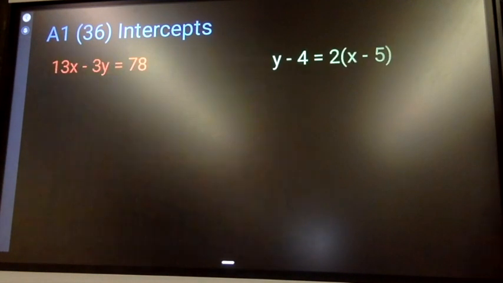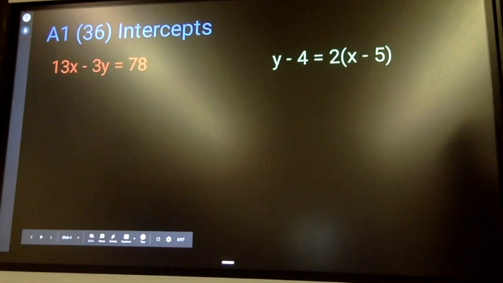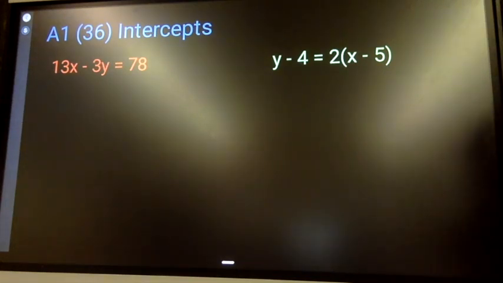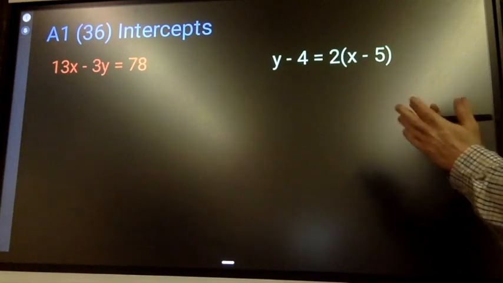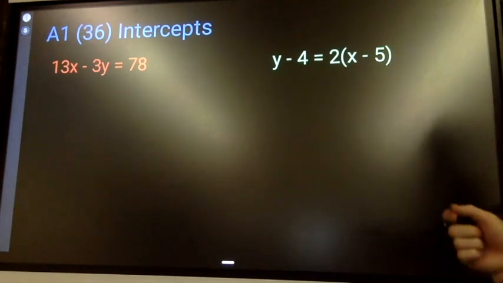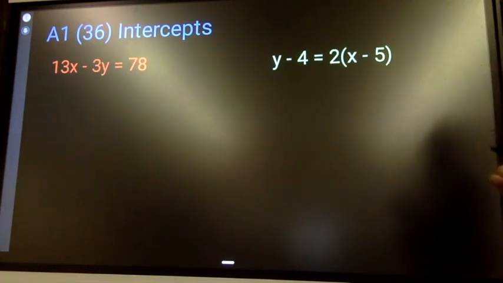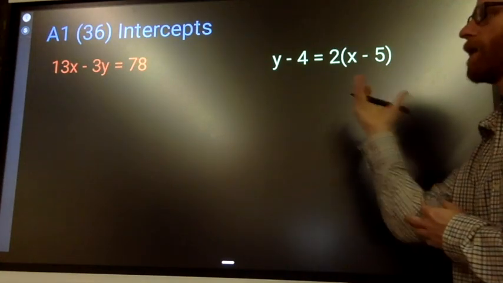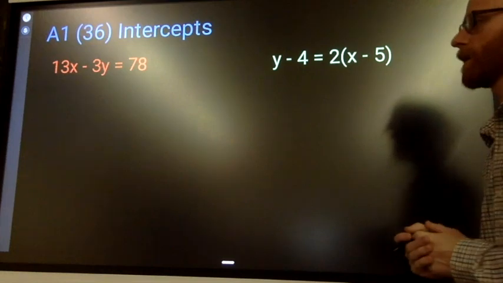We're going to look at intercepts, though, in a bunch of different contexts. The first context, the place that it gets its definition from, is graphing, which you just saw. Another context that we can talk about intercepts in is the context of equations.